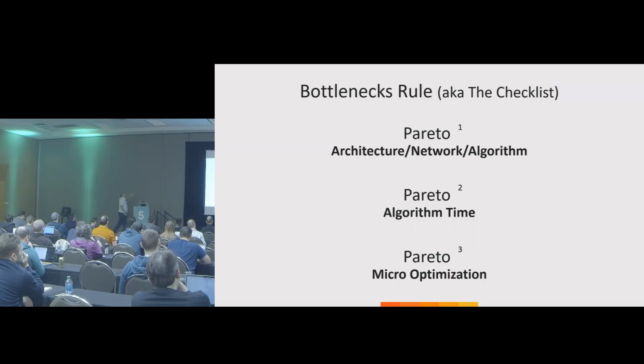So the idea here, when you go up in the scale, what you are actually looking at is typically the network, I/O, architecture, big algorithmic stuff. Like if you're using an n to the fourth algorithm, instead you could do that in linear or sublinear.